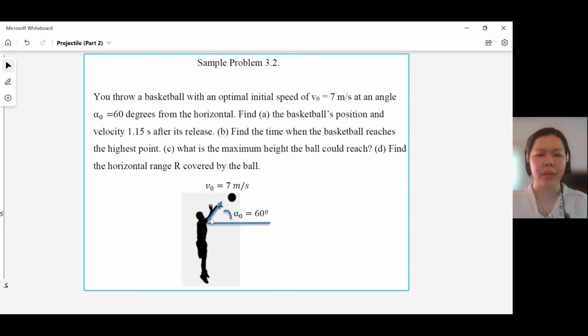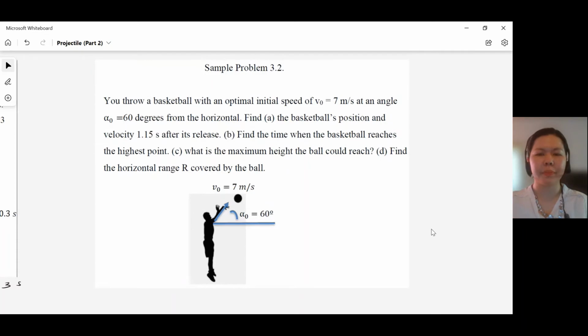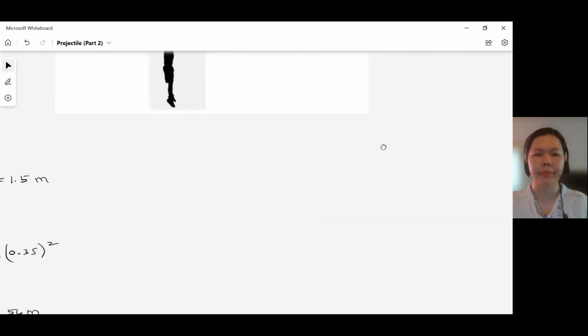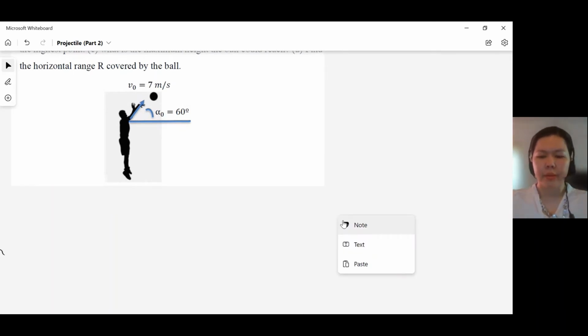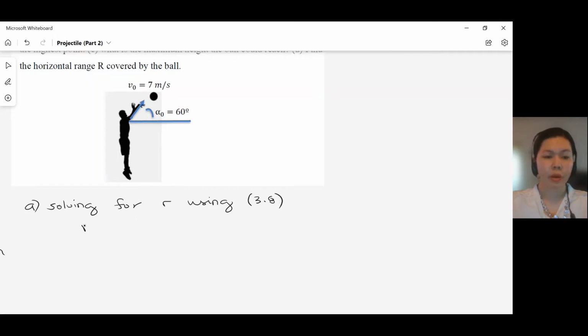The ball is thrown at 60 degrees. The position r is equal to the square root of xf squared plus yf squared.